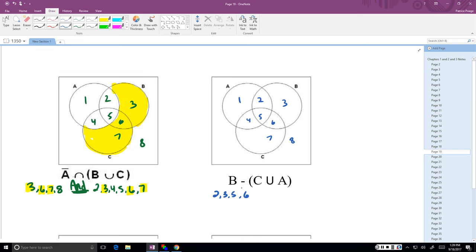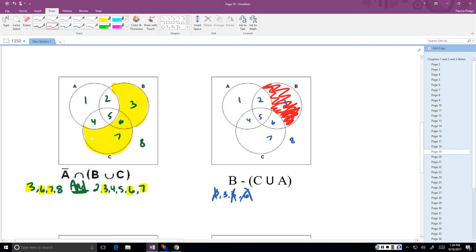And then I'm going to subtract from here anything that's in C plus A. So anything that's in C, 4, 5, 6, 7, plus A, 1, 2, 4, 5. So 1, 2, 4, 5, 6, 7, if they're in here, I'm taking them away, subtracting them off. That only leaves me with part 3. So that's the only part I'm shading.